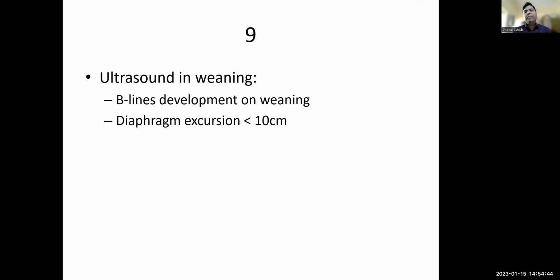However, if your diaphragm excursion is less than 10 centimeters, that is very suggestive of significant diaphragmatic weakness. You can also look at the thickness of the diaphragm and the change in thickness at the zone of apposition and all such things.